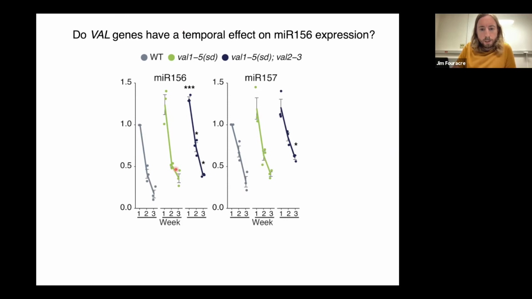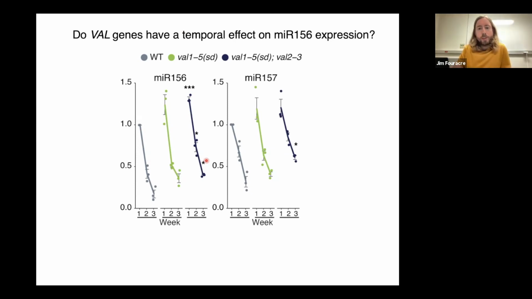For the val1 single and also the val1-5, val2-3 double, you see a general increase in the amount of these microRNAs, particularly for the double mutant. But surprisingly to us, the temporal pattern is remarkably consistent. Even though we've strongly eliminated Val activity and see an elevation of miR156 and miR157 levels, you still see this very robust temporal pattern, which was, I'll tell you, a little disappointing, but nonetheless, that's what it was.